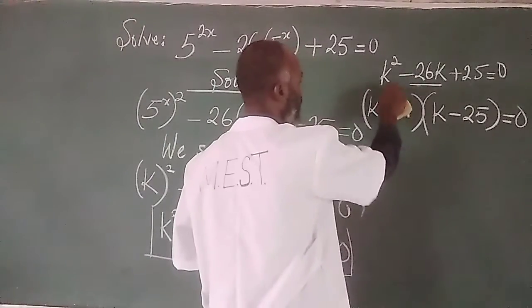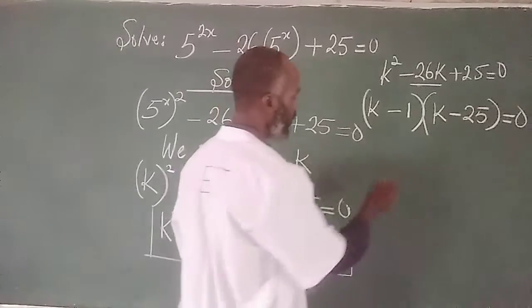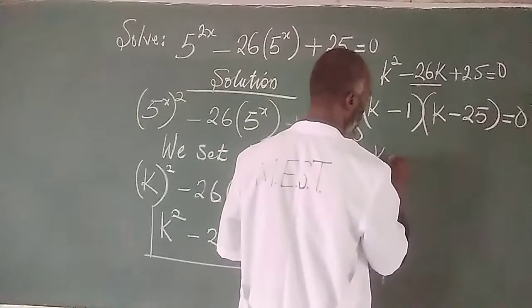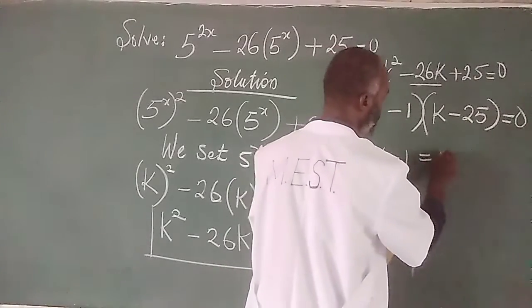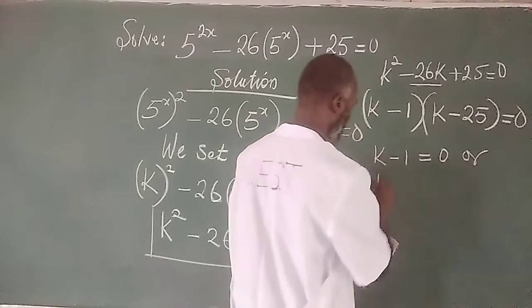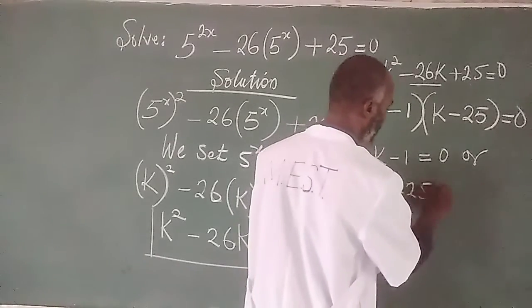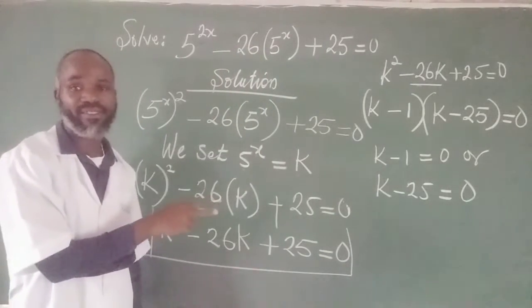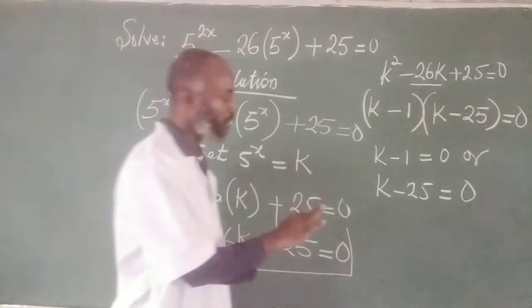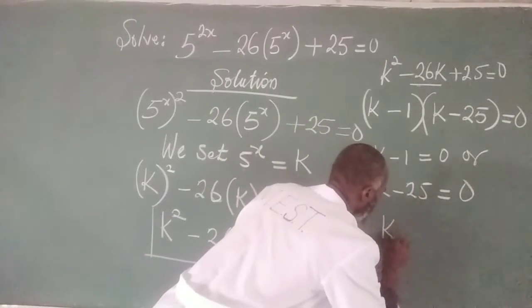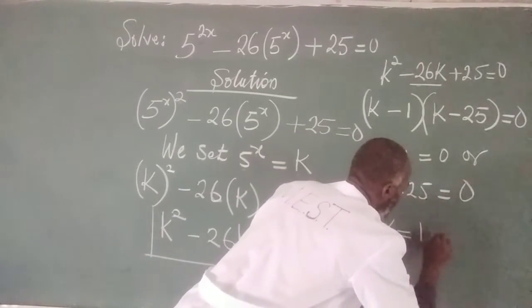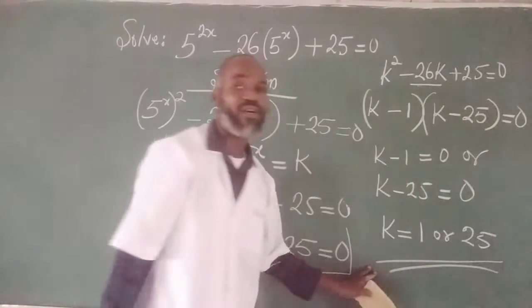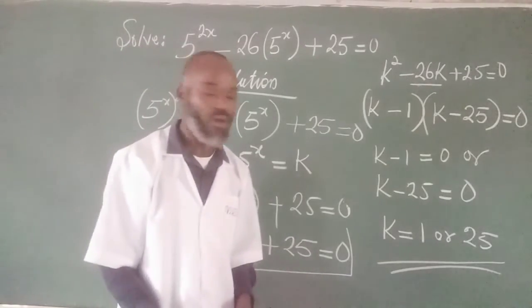The next thing, we set each of these brackets equal to 0. k minus 1 is equal to 0, or k minus 25 is also equal to 0. So we've gotten to this point. It means that k is equal to 1 or 25. So we have found the two values of k.